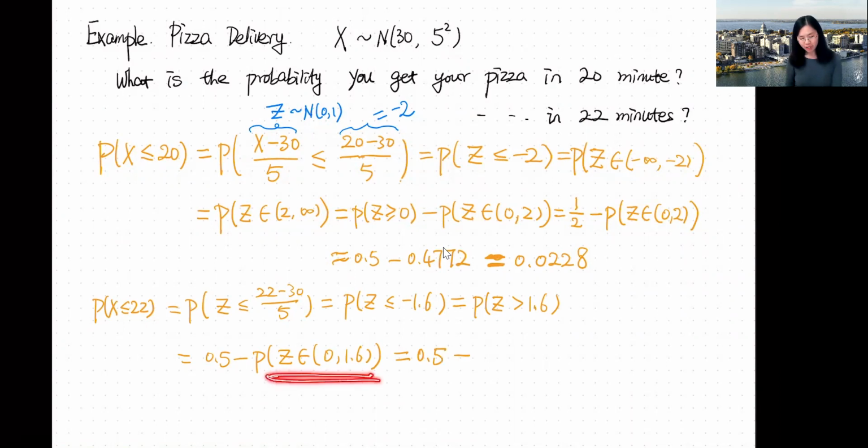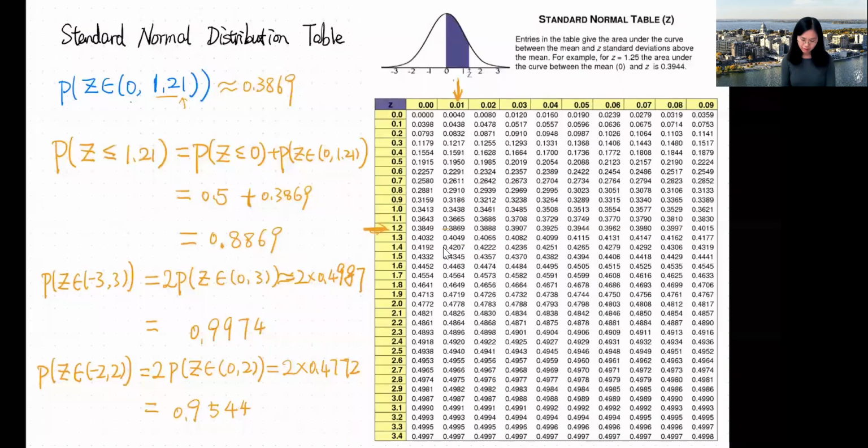We can look up this probability in the normal table. We just look for the z value that equals 1.6. We look for 1.6 here, 1.6 and 0. So that is 0.4452.